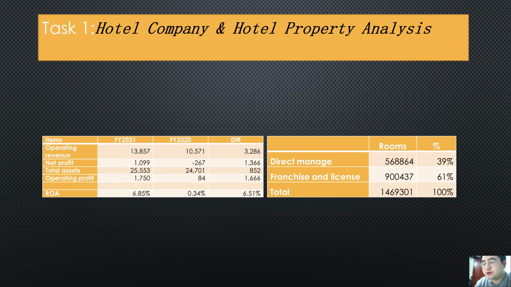Comparatively, the group has a better performance in financial year 2021 compared to the previous year, which is reflected by the higher value in revenue, net profit, and the ROA due to the recovery of the global tourism after COVID-19 impacts.